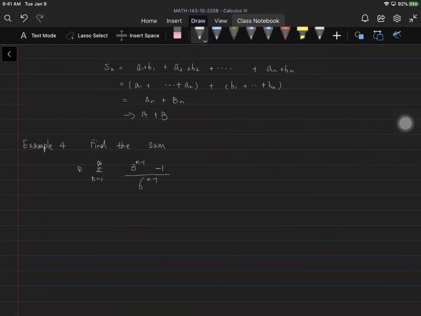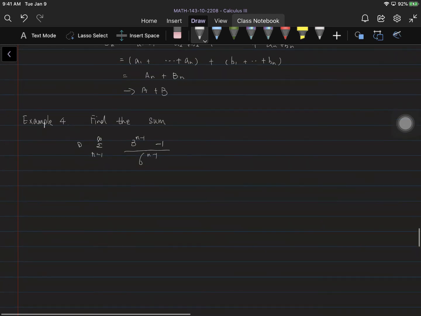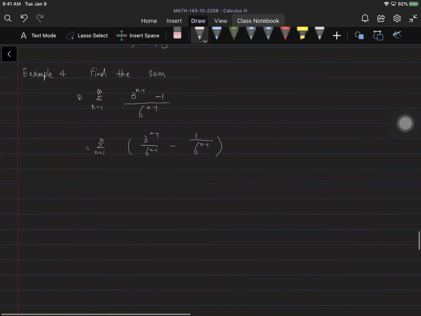This series is not geometric, and it's also not telescoping. So how do we find the sum? Firstly we want to simplify. We separate this into two terms, which is 3 to the n minus 1 over 6 to the n minus 1, minus 1 over 6 to the n minus 1. Okay, separate this. And now simplify this term.